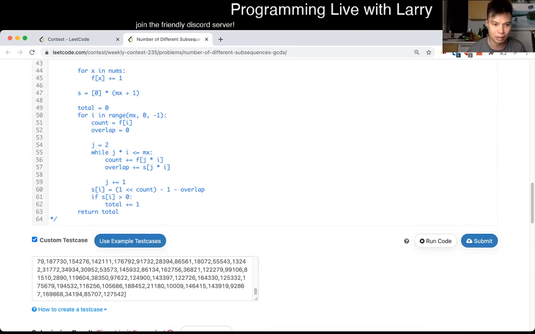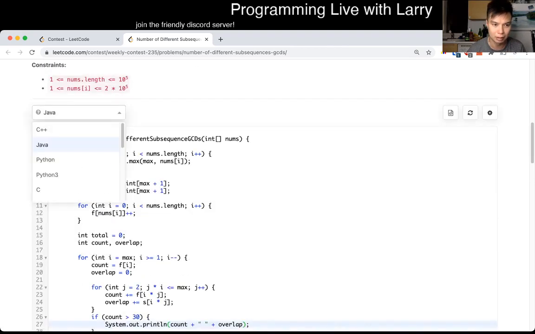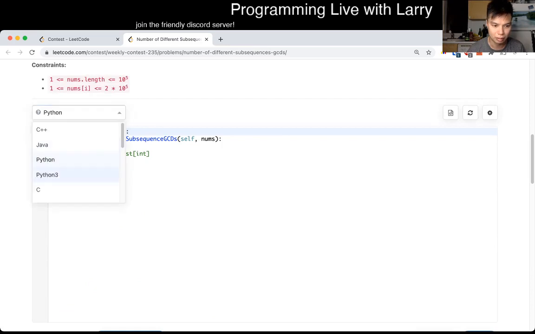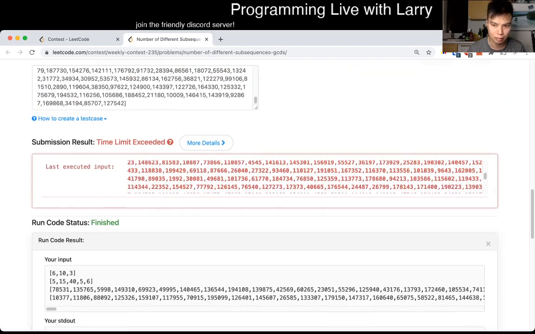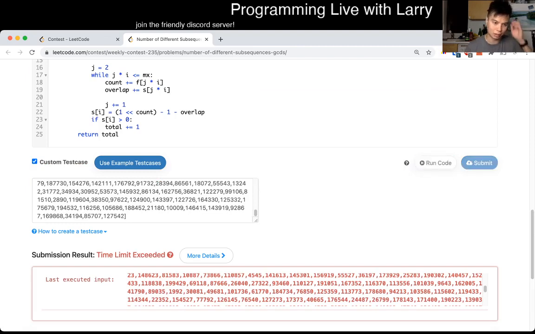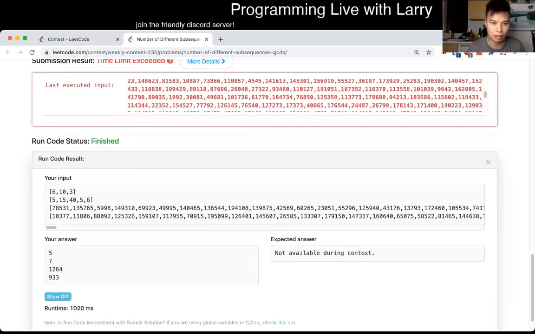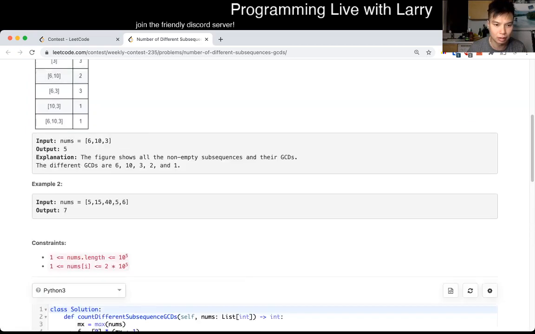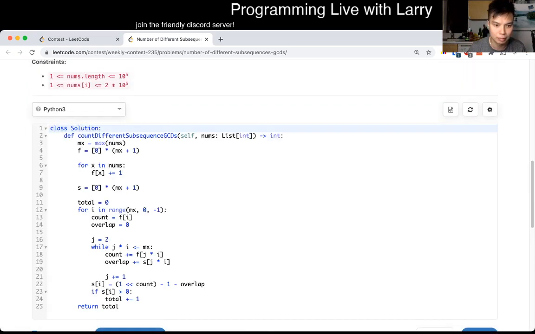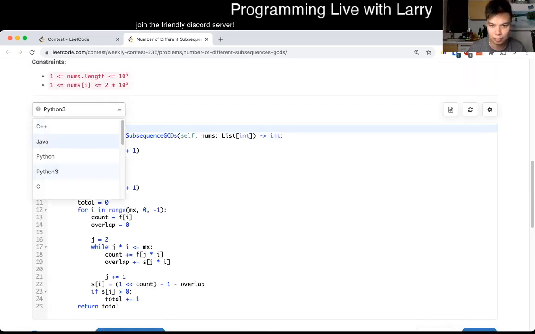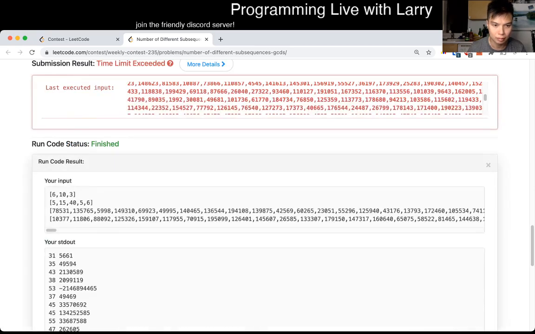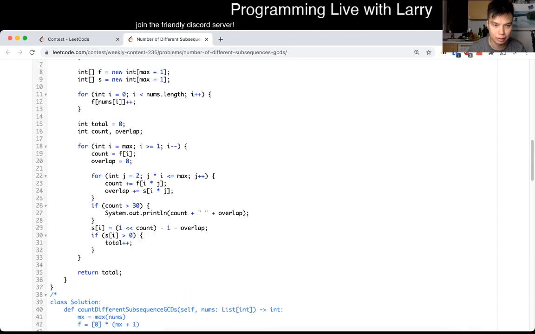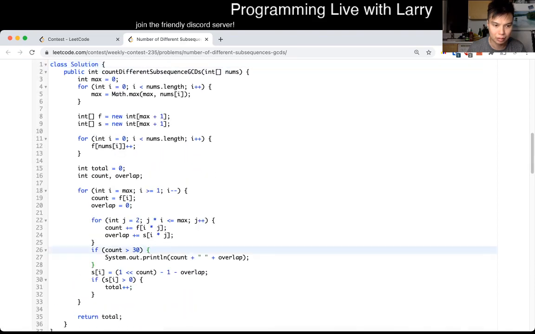That's probably why it times out in Python. Like it. 1, 2, 4, 5. Yeah, this is definitely wrong. As a result, but really fast.